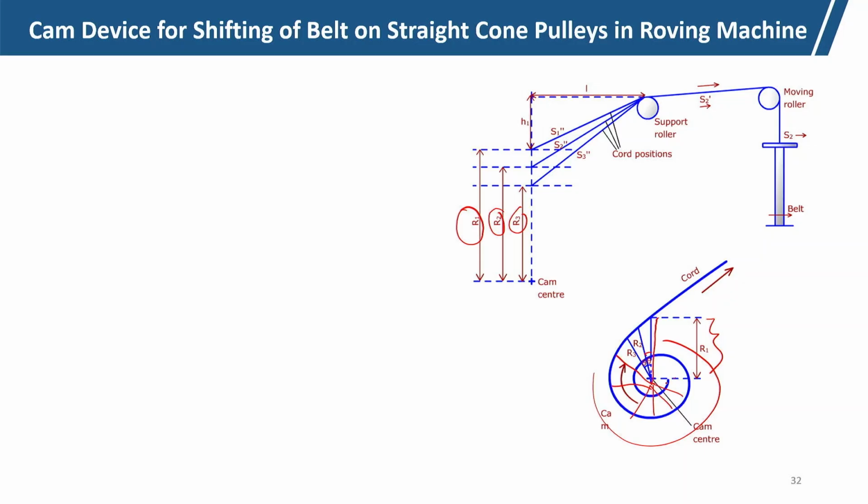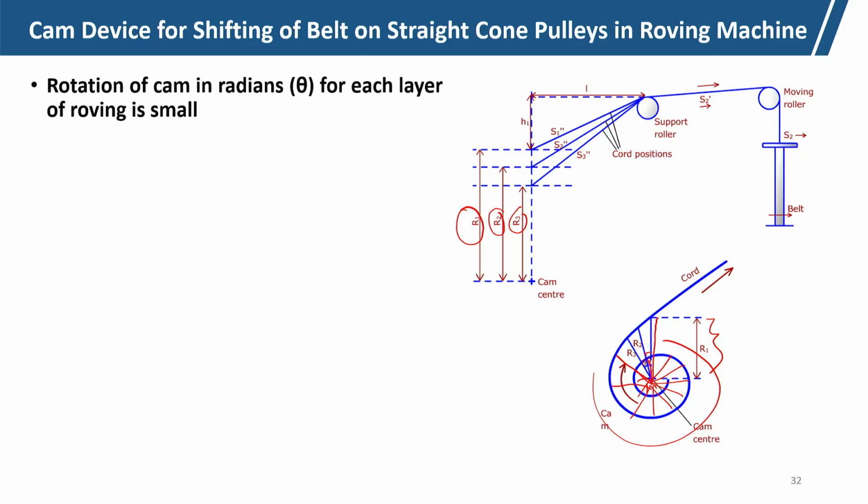With every degree of release, the radius will be reducing gradually. So, the rotation of the cam in radians theta for each layer of roving is very small, that is 1 degree. We can convert it to radians, it will be very small.